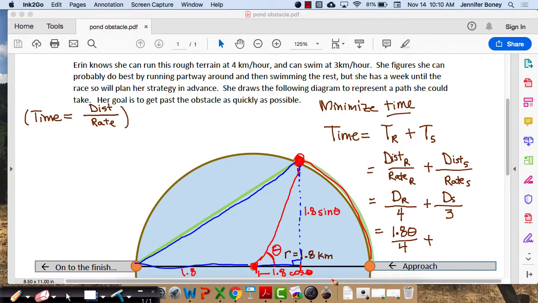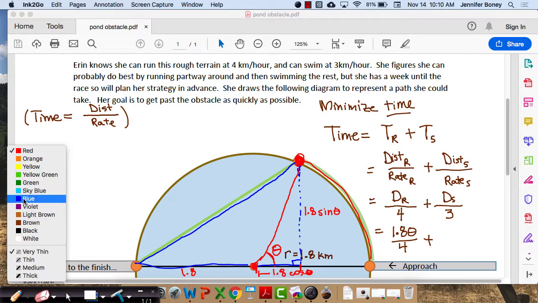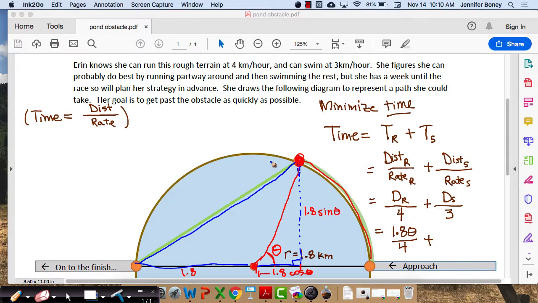Well, now I know the bottom length altogether of the blue triangle, and I know the height altogether of the blue triangle. I should be able to find its hypotenuse length using the theorem that nobody forgets, Pythagorean theorem. So going back to, let me put this in blue. So this distance that she's swimming here would be the length of the hypotenuse.